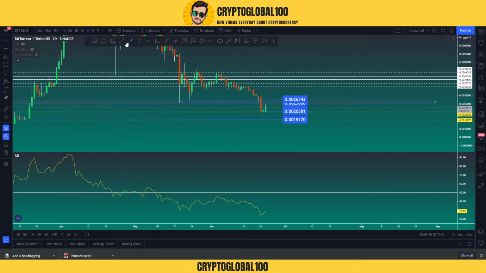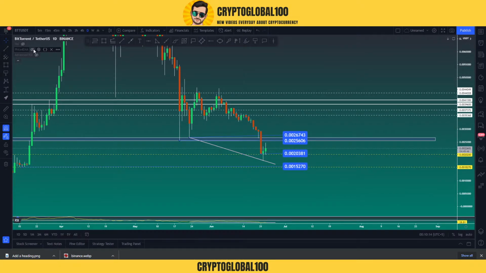Although if we take a look at this area, and this one, and here, there is no divergence. But the thing is, we are in the oversold situation.